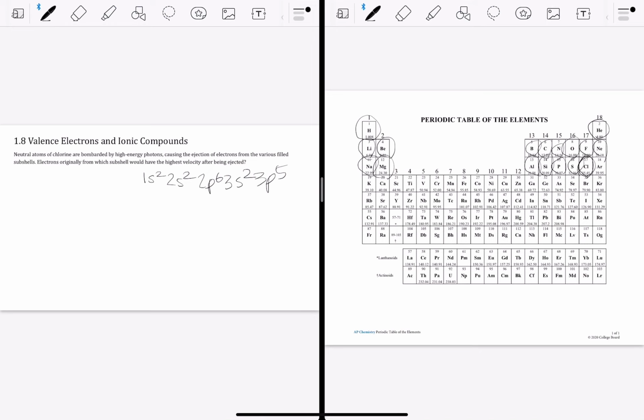So the electron configuration of chlorine is going to look like this.